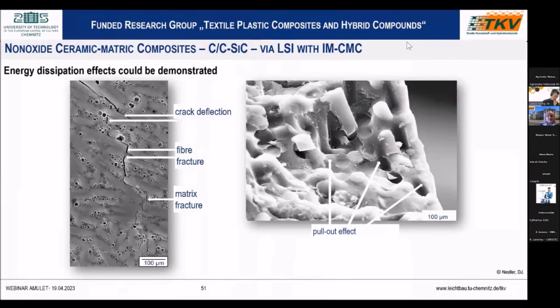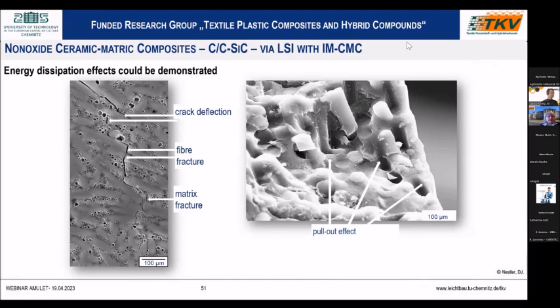Energy dissipation effects, I have told about this. You see this here in this picture very well. I have a crack deflection, a fiber fracture by injection molding, fiber fracture, and then also the matrix fracture. You see this. So we have a pull-out effect also, and you see this on the right-hand side, the pull-out effect.